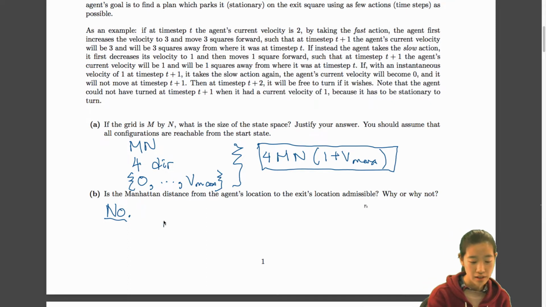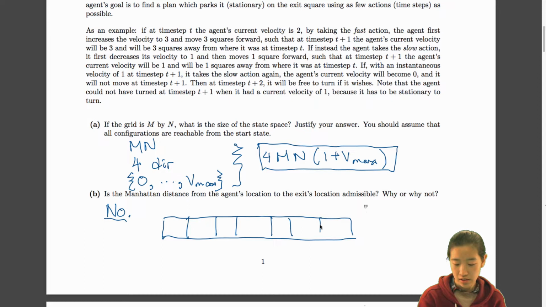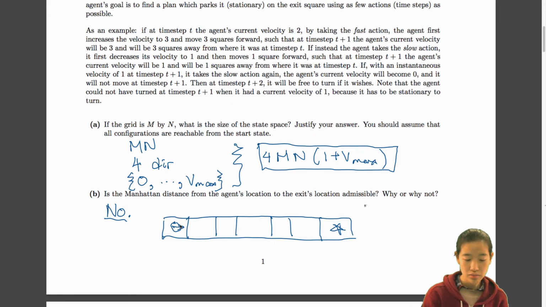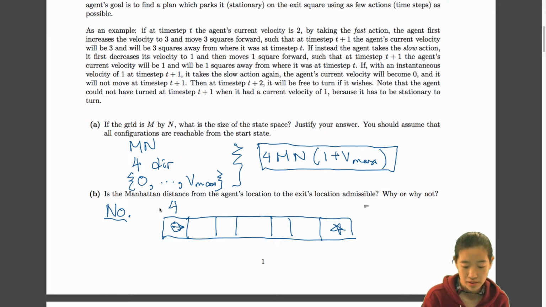For example, if we had a situation where we saw a long corridor with the agent 6 blocks away from the goal. We have the agent here, it is facing in this direction, and it wants to get to the goal. Assume that it has a velocity of 4 right now. It can choose a few slow actions such that it gets to the goal in time. Now let's calculate how many it is. If we choose 1 slow action, it's going to end up here.